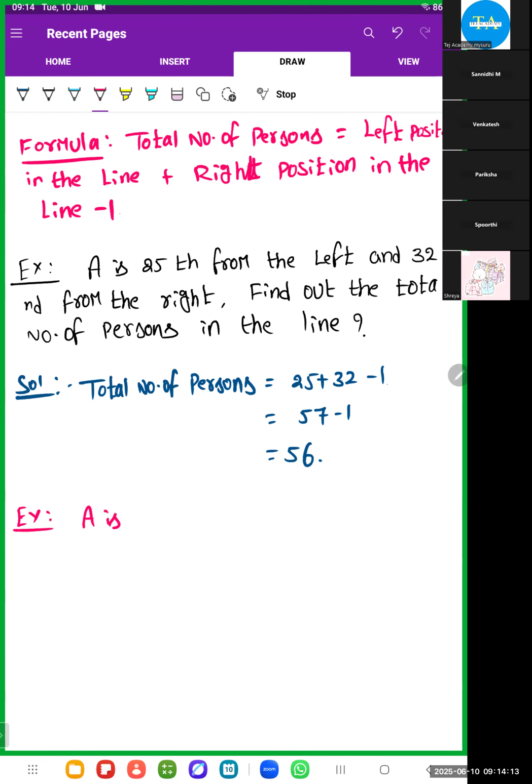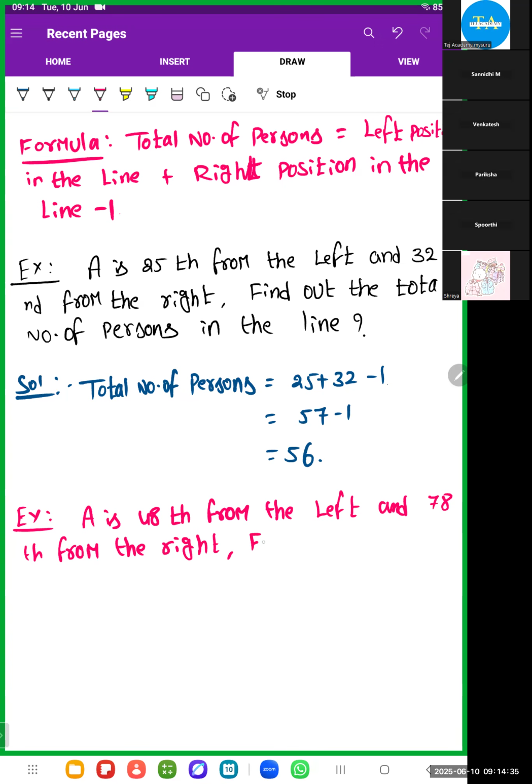A is 48th from the left, right? And 78 from the right. So find out the total number of persons in the line. 125.